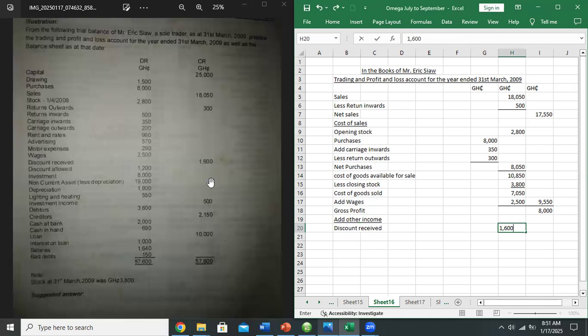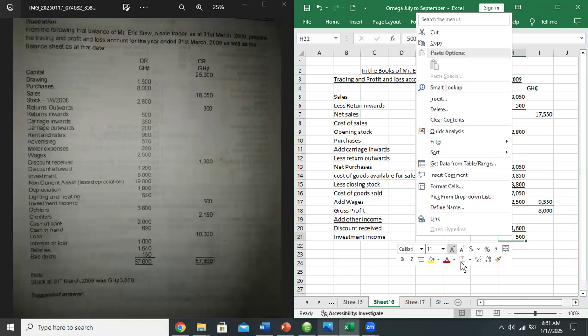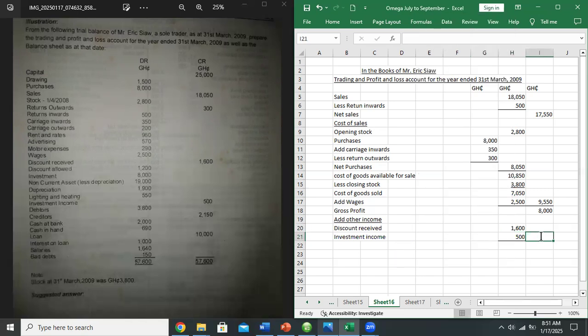The next one is investment income, that's 500. And then the next is creditors, that's a liability. Loan is a liability. So the other income, we have just two of them, and the total will be 2,100.